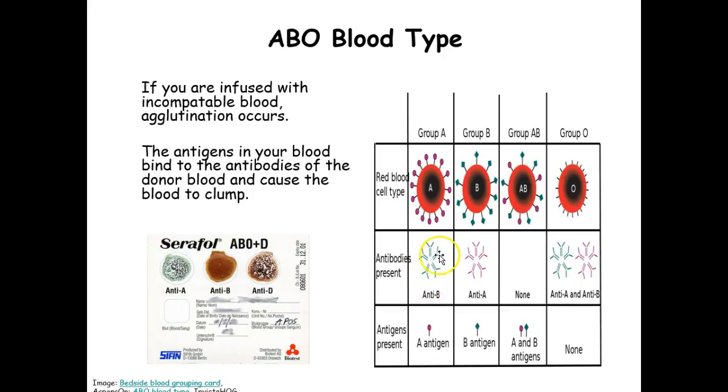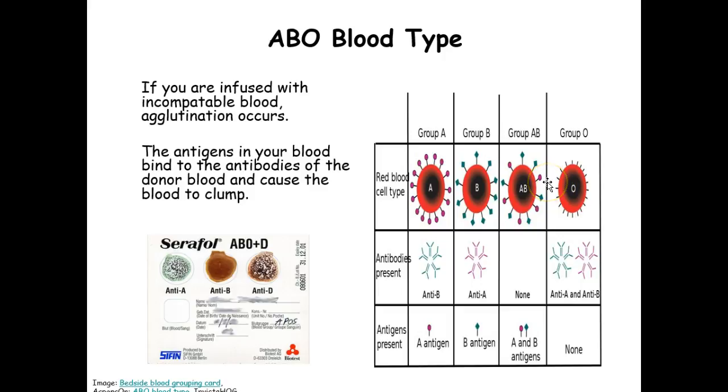You could see with this antibody that if you give this person, blood type A, anything with a B in it, this or this, there's going to be a problem. With blood type B, the same sort of thing is going to happen. If you give this person anything with an A, this one or this one, we're going to have a problem.